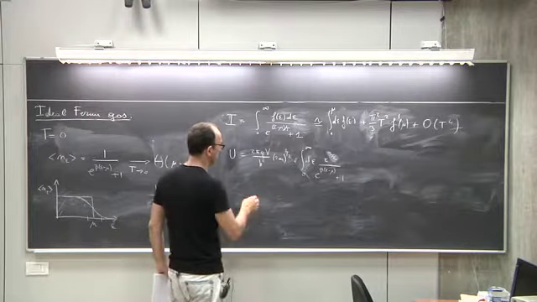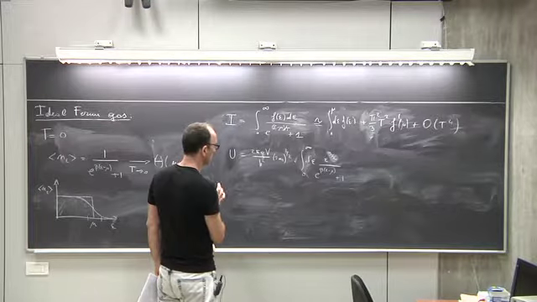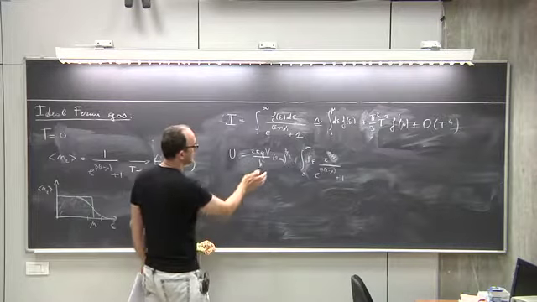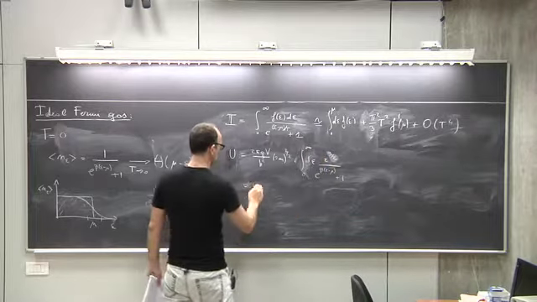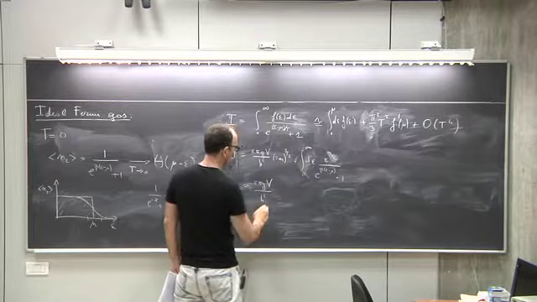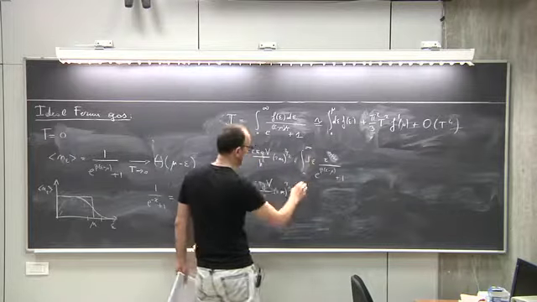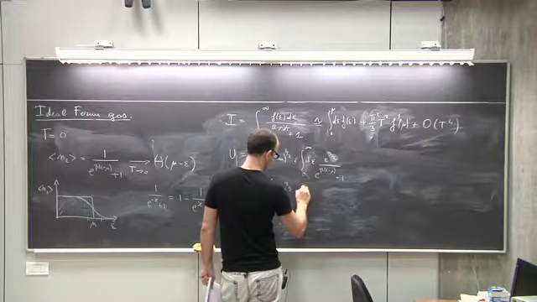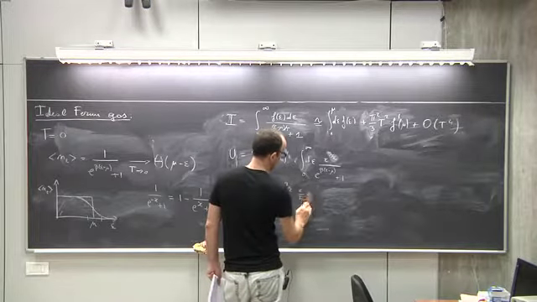The first term of this integral, which comes from here, will just give you again the 2/5 of the chemical potential.